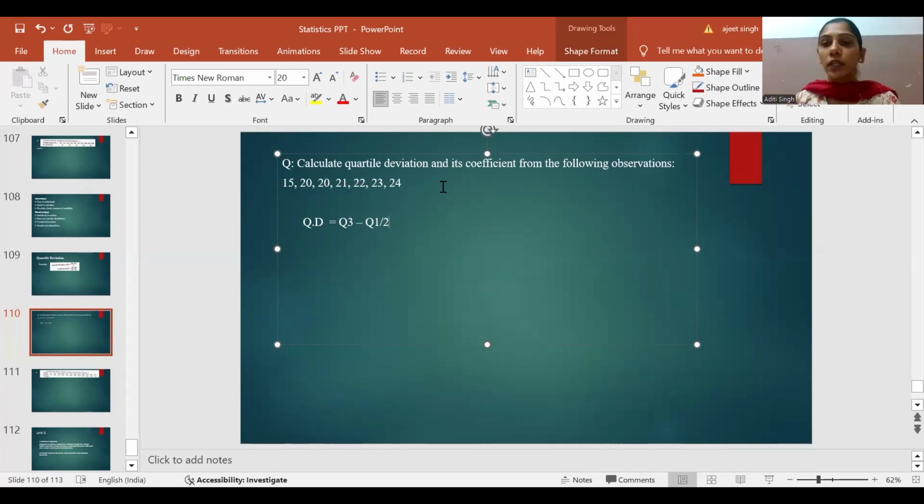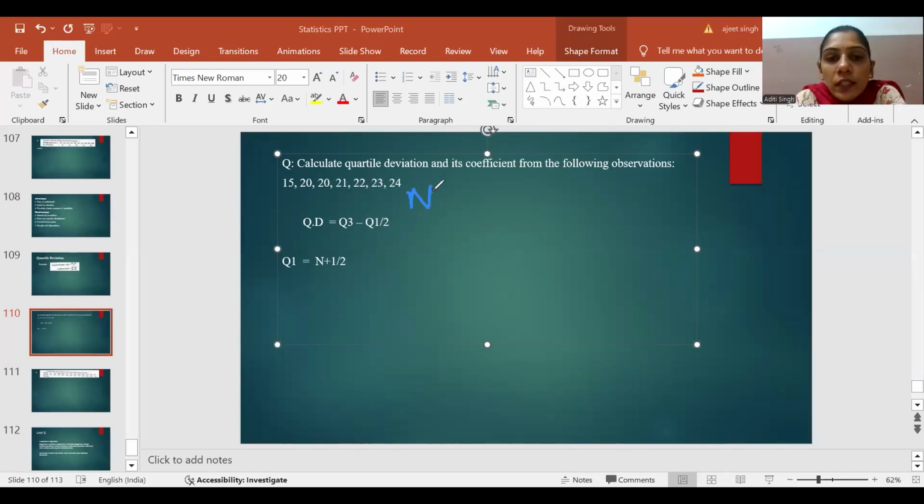For calculating quartile deviation, we first have to calculate the values of Q1 and Q3. So first we will calculate Q1. The formula is N plus 1 divided by 2. What is N? N is the number of items. How many items are in this given series? 1, 2, 3, 4, 5, 6, 7.